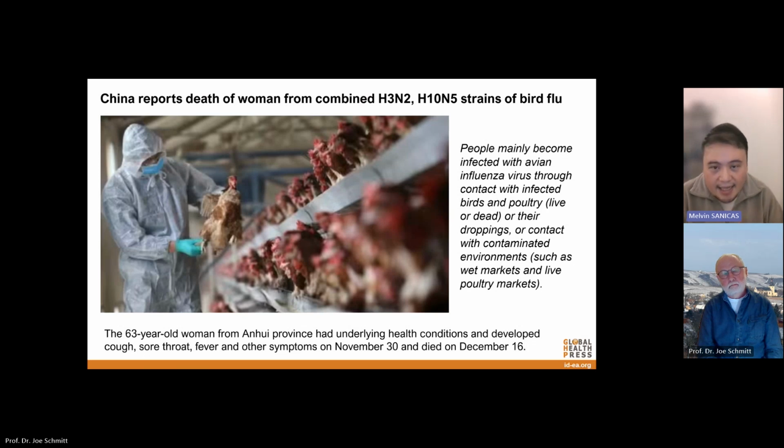So I think this highlights the fact that surveillance is really important, and it shows us that these viruses are quite dangerous because as long as there is a reservoir, because this virus can be in birds, in pigs, in mammals, in humans, they can co-infect a mammal and could potentially mix their genes.